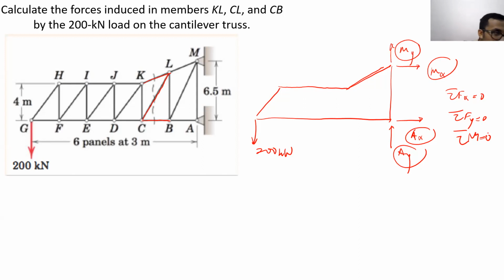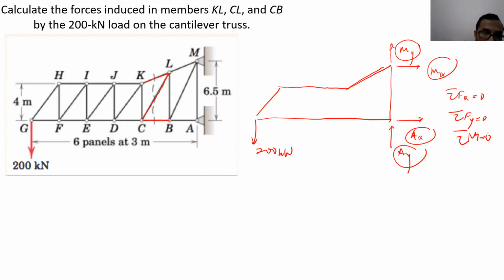Yesterday, when I discussed the joint method, I told you, right? Sometimes we are required to solve for the external reaction forces, but sometimes it is not required to solve for the external reaction forces, right?